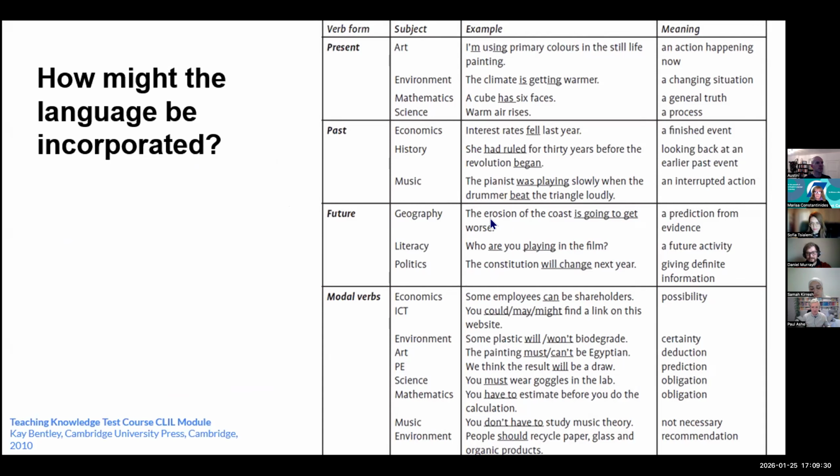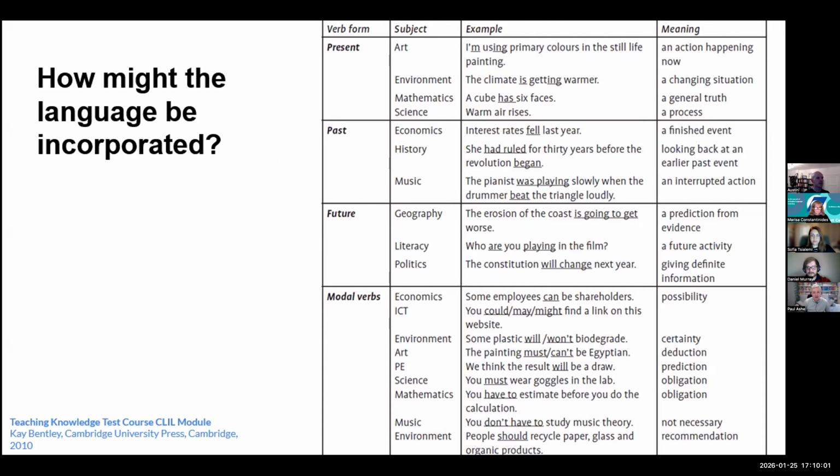I say just, but we have to think carefully so that the language is natural as well. Sometimes we can be guilty of forcing a grammatical structure into a context, and it just doesn't sound very natural. So we need to be careful about that, as well as the function of that particular grammar point in that context. So that's one typical example with language.